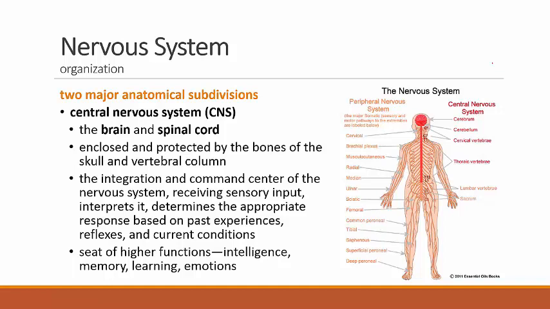Is that right? And maybe the next chapter. I think it's the next chapter. And so it determines that response and sends it out there. And it's also the location of what we talk about as the higher functions of the brain. So that's intelligence, learning, emotions, memory, the executive function of the brain.